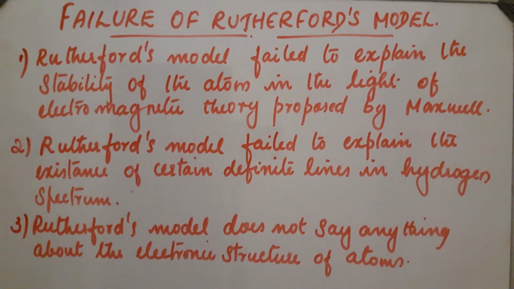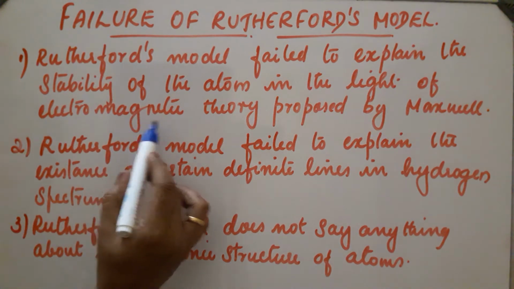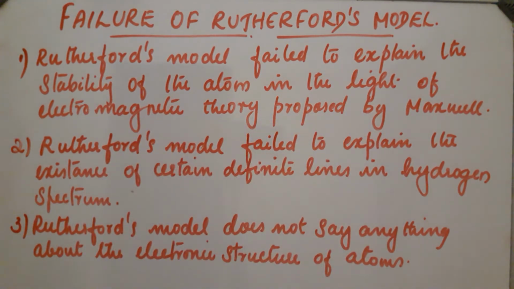This was explained by Maxwell through his wave theory. In that he explains about electromagnetic radiation also. Those theories clearly explain the stability of the atom, but Rutherford's model could not explain this electromagnetic theory by Maxwell. This was the first point.